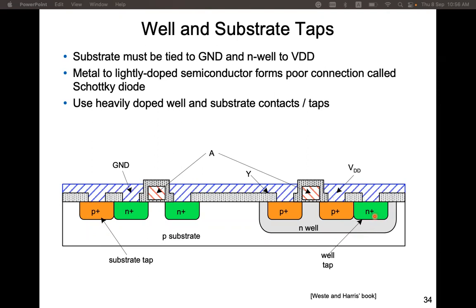In the next 10 or 20 minutes, we are going to study how to form such a structure in a modern integrated circuit fabrication facility.